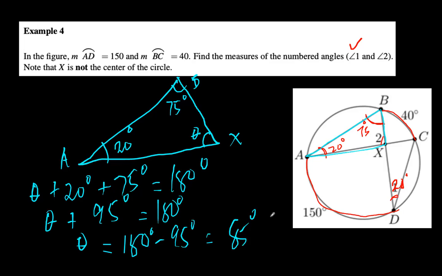Since we let angle 2 be theta, angle 2 is equal to 85 degrees. So we have found the measures of angles 1 and 2. I hope we got the same answer.